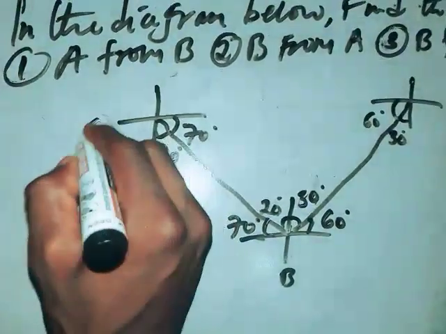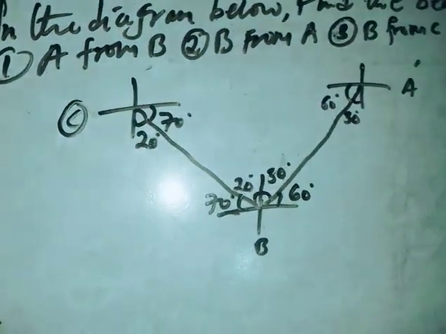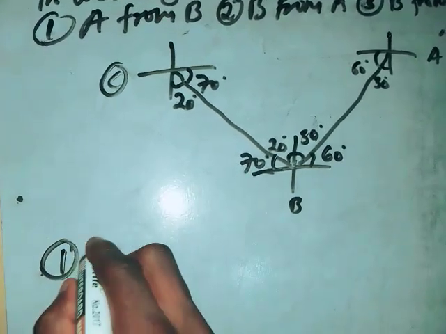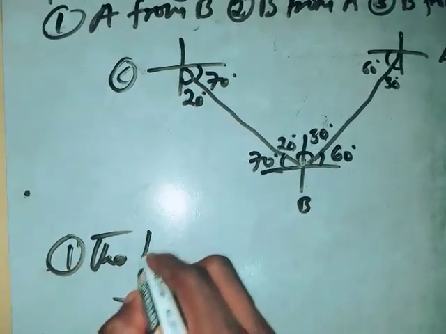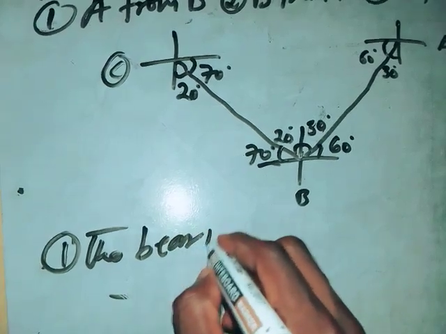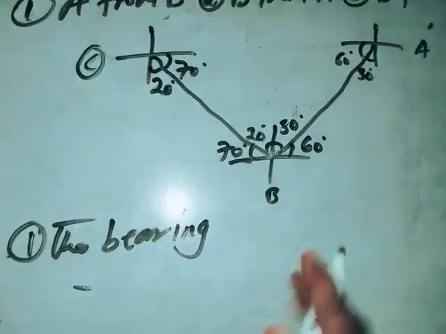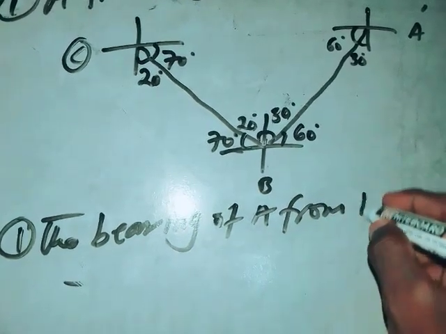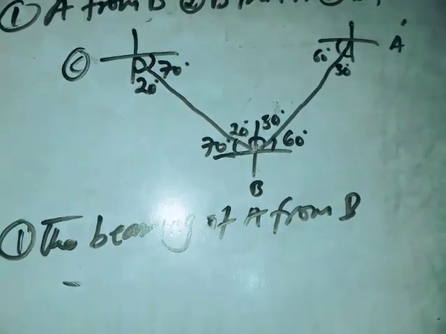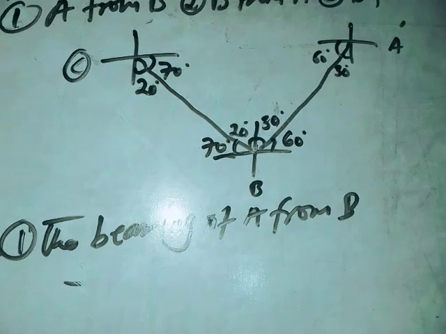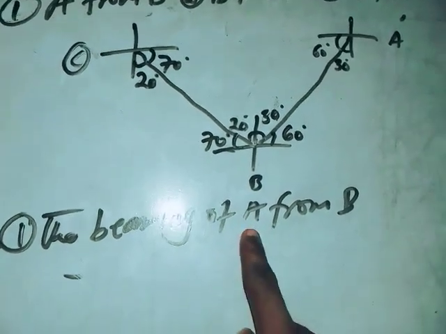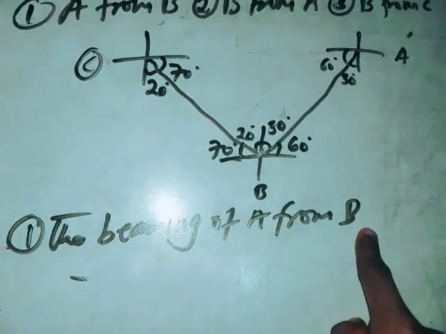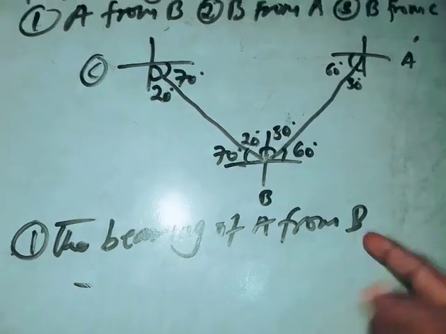So to find the bearings, number one question is to find the bearings of, let me write it, number one says the bearings of A from B. That is what we are asked to find. What are we going to do? Since we are asked to find the bearings of A from B, that means you are going to find that bearing at point B, the second point, not the first.